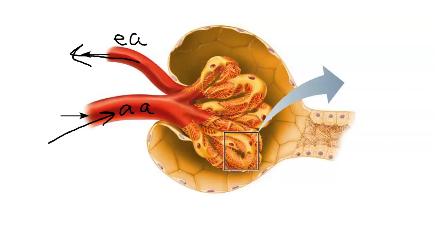And so in other words, we're letting a lot of blood flow into the glomerulus, and then we're not letting all of it exit as quickly. And so what's going to happen is that's going to build up pressure in the glomerulus, and that's actually the main driving force of filtration, although there are other forces at work here, so we'll take a look at those. But that's what I mean by a driving force. In the case of urine formation, it's pressure, and it's known as the net filtration pressure.